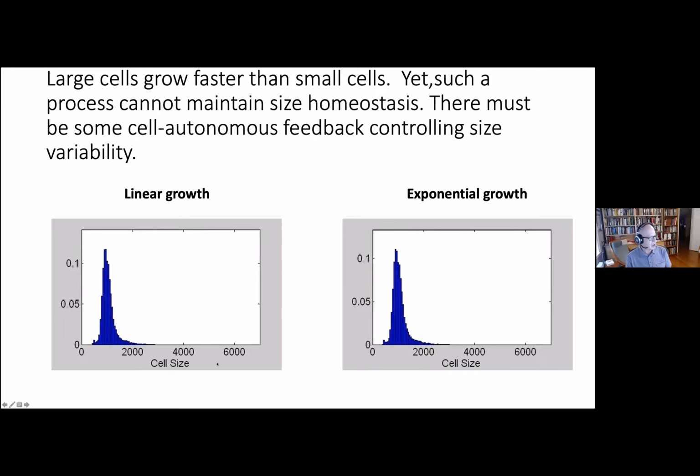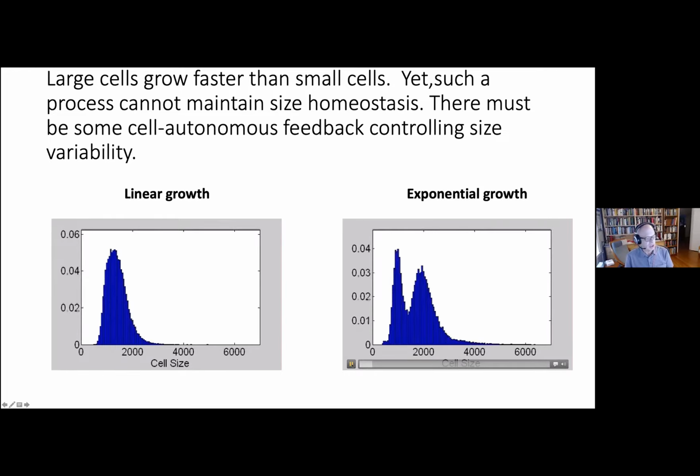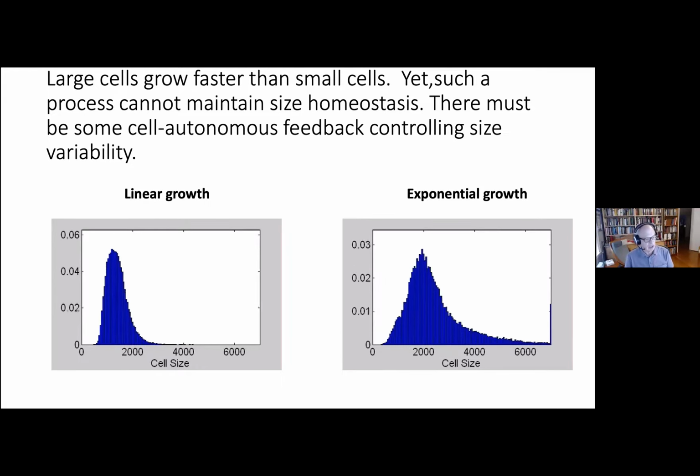And just to show you an example of what this looks like, here's a model of a situation with linear growth where there's no dependence on size. And the population maintains its distribution very well. If you have a dependence on size, then it starts out looking pretty much the same, but very quickly, the variance in cell size increases indefinitely.